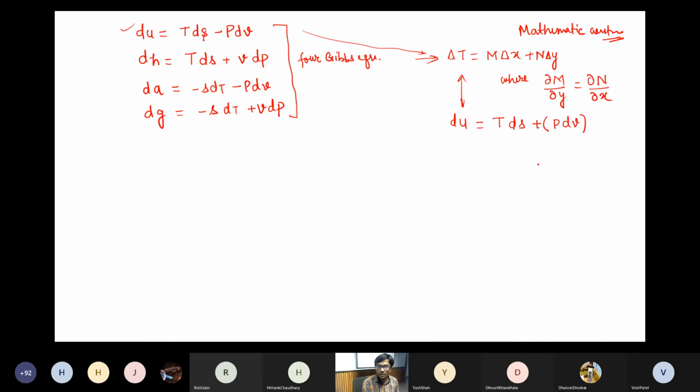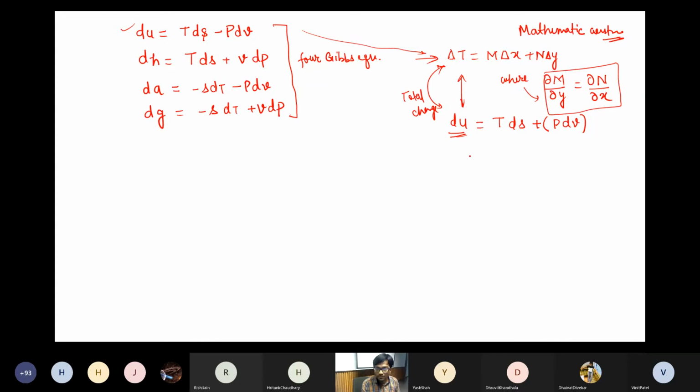If these 2 equations are analogous in terms of total differential, then it should follow this property as well.